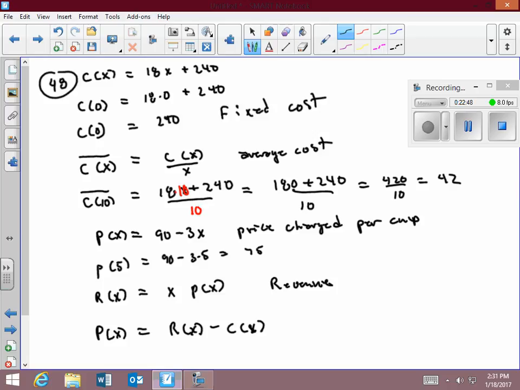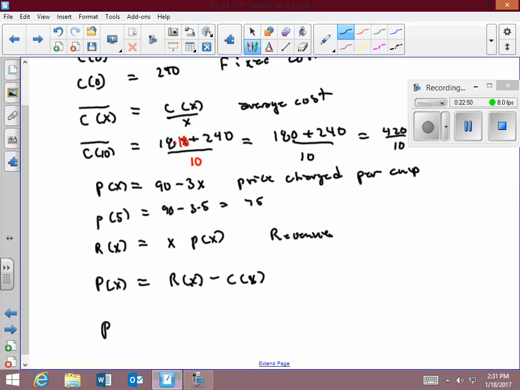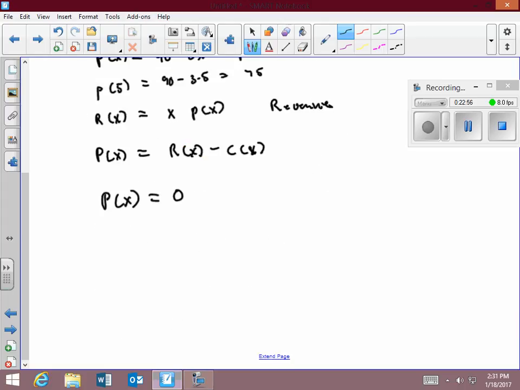And then that last bulleted point is profit equals 0. Now what that is, that's the revenue minus the cost of producing the goods equals 0. And that's called break even. This is break even. How many units do you have to sell at what price in order to break even?